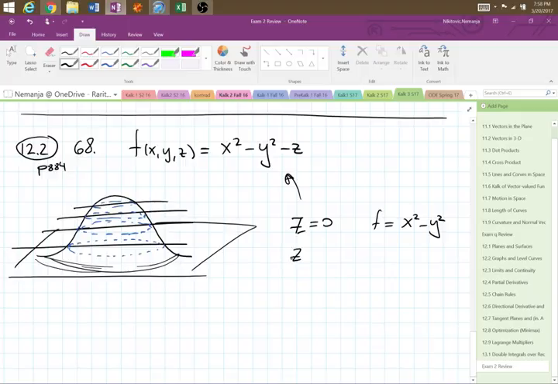Now, z equals 1, we get x squared minus y squared minus 1. Hyperbola again. This minus 1 is not going to change that. So this is the equation for a hyperbola.